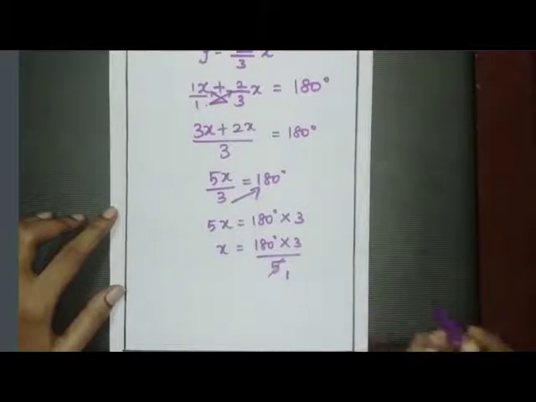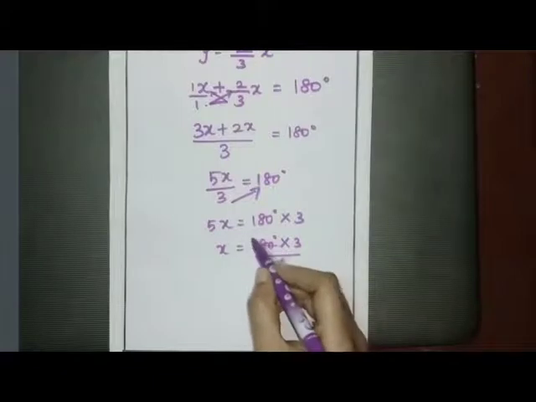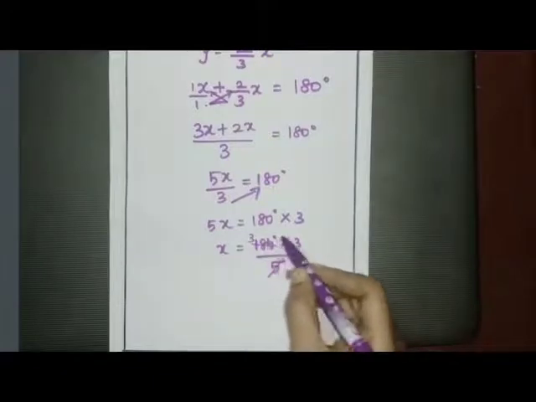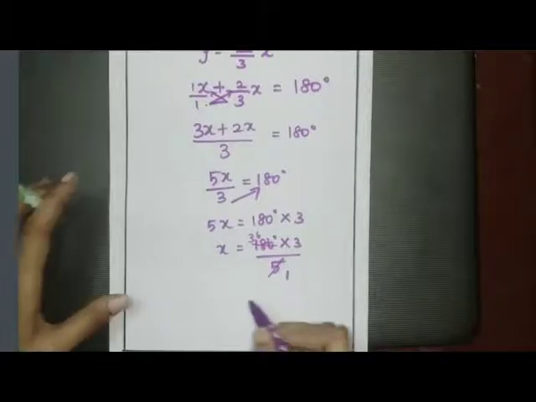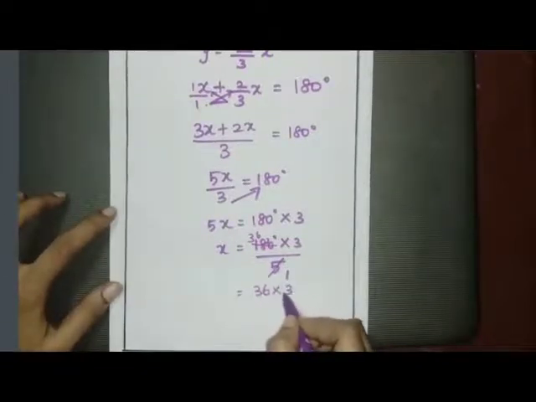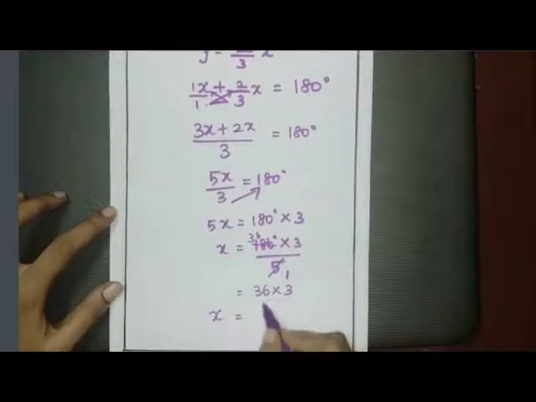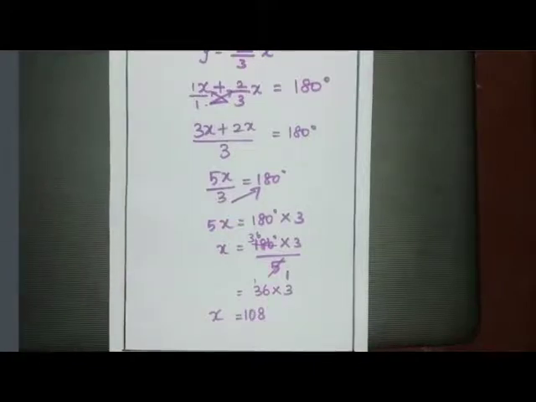So 1 5s are 5, 3 5s are 15, remaining 3, 6 5s are 30. So 36 into 3. What is the answer? 6 3s are 18, remaining 1, 3 3s are 9, 9 plus 1 is 10. So x is 108 degrees.